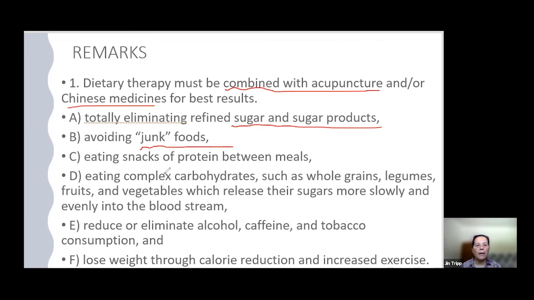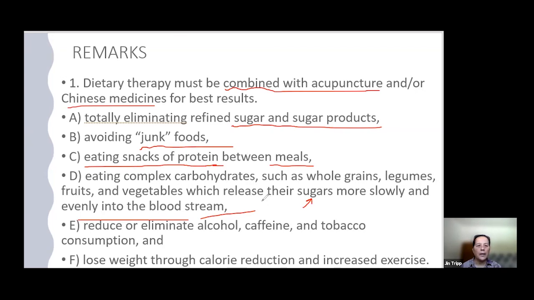We can encourage patients to eat some snacks like protein between meals, otherwise they may get hungry. But don't eat sugar products. Generally just try to avoid simple sugar products.